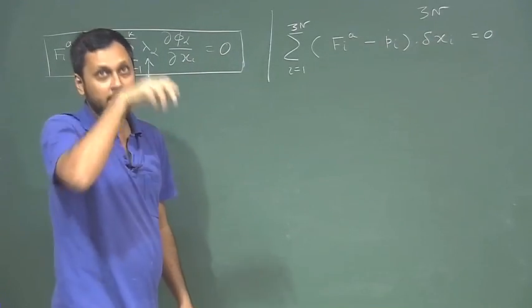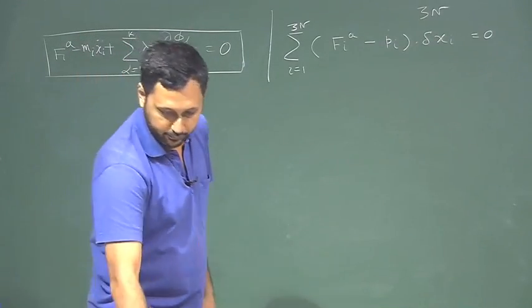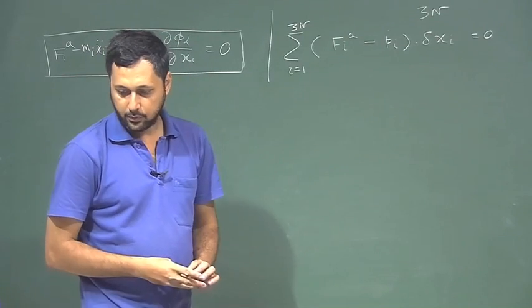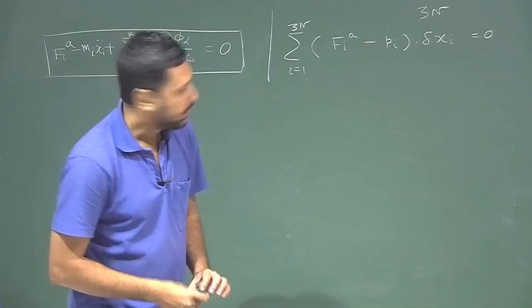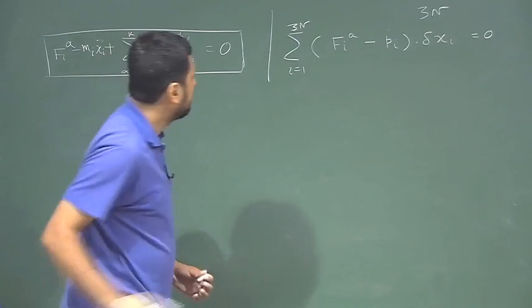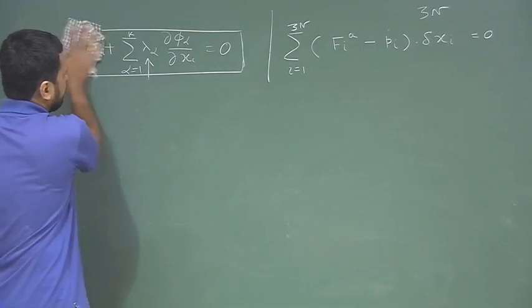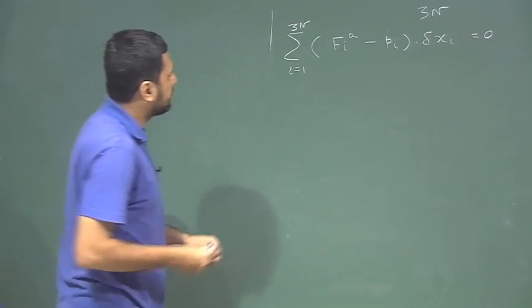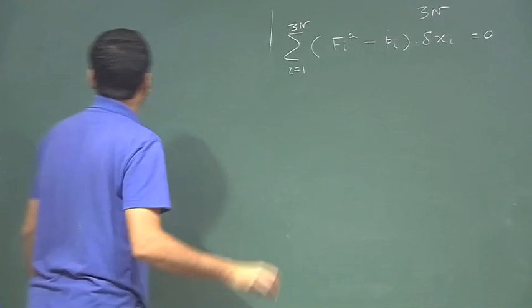Lagrange equation of second kind. So, we start with, I think we have to remove this because we need this space. So, we start with this term here.